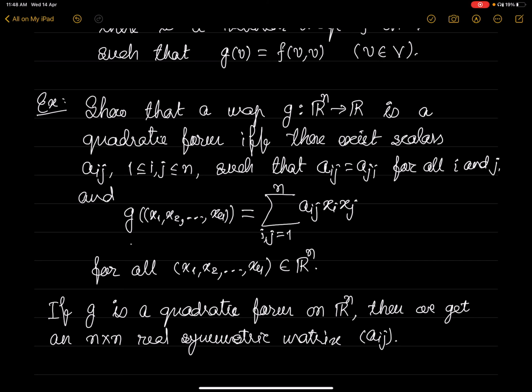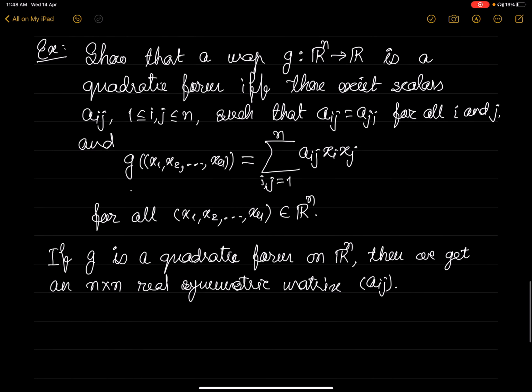So there is a one-to-one correspondence between the set of all quadratic forms on Rn and the collection of all n cross n real symmetric matrices. Right? We shall soon see what the relation between these two is.